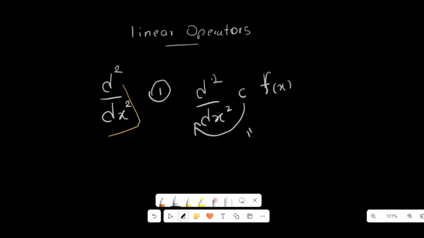So we can write this as, which is the second condition. So both these conditions can be satisfied by this operator. So we call this a linear operator.